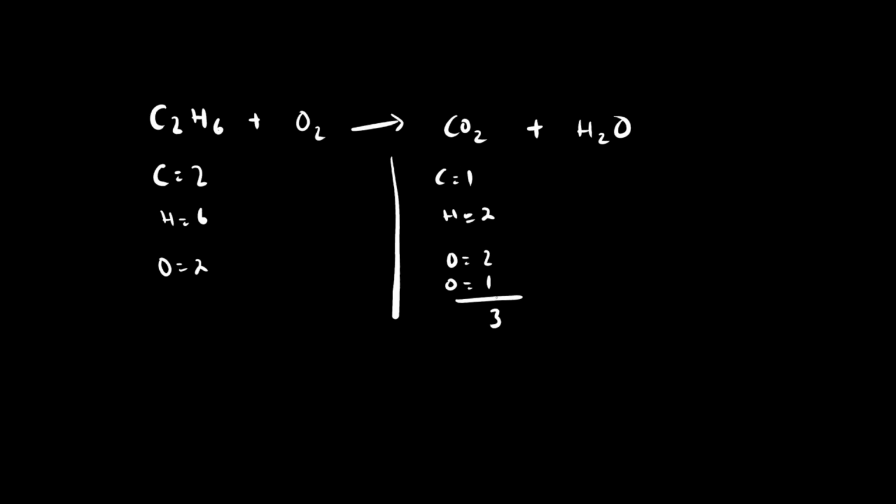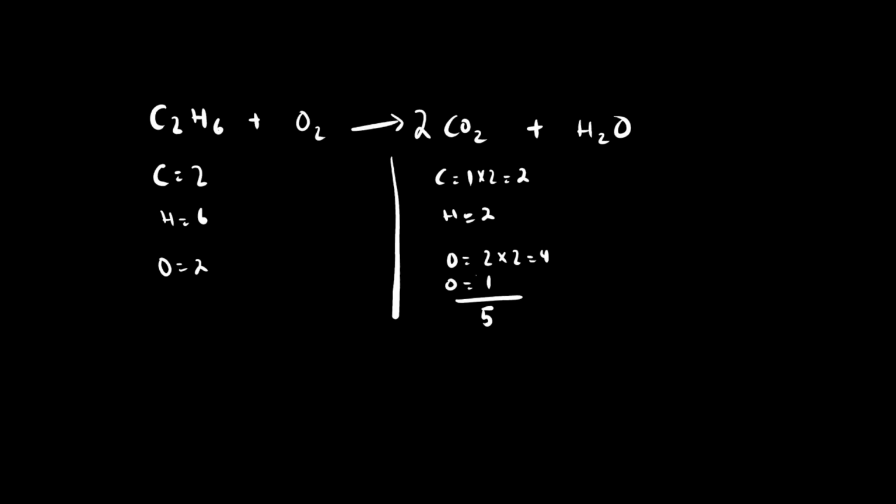oxygen. Least common multiple of 2 and 1 is 2, so let's introduce a coefficient of 2 in front of the CO2. And so now we have 2 carbon on the right and a total now of 5 oxygen on the right. Moving on to the hydrogen, we have 6 on the left, 2 on the right.